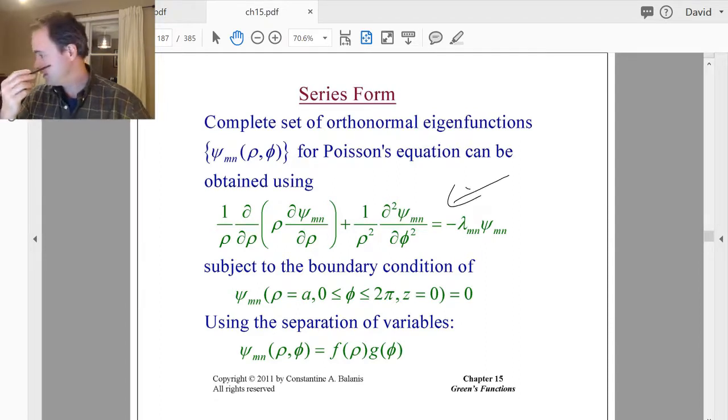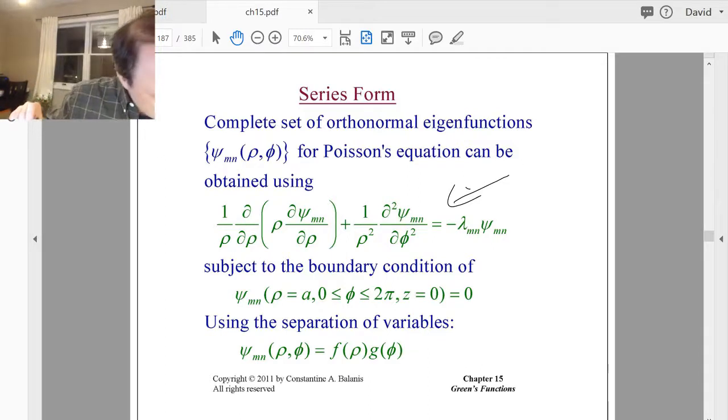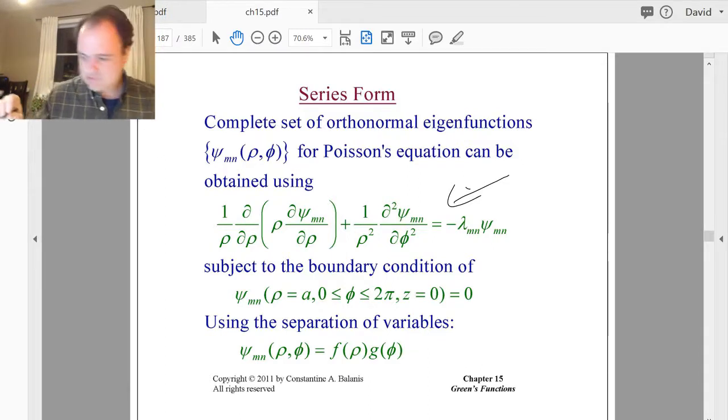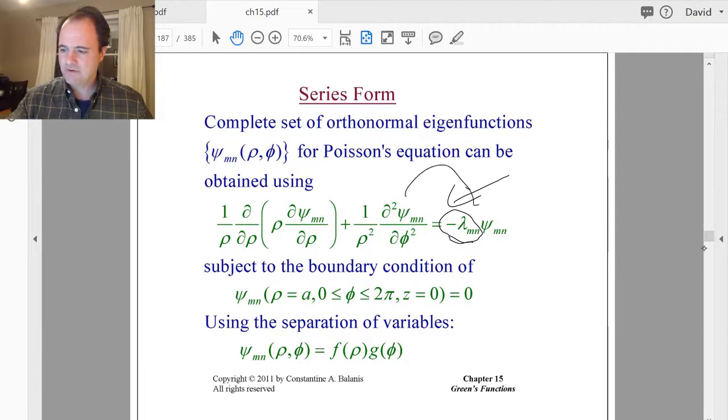So we have the homogeneous solution, and in this case these are my eigenvalues of the homogeneous solution. So this is going to go over to the other side.